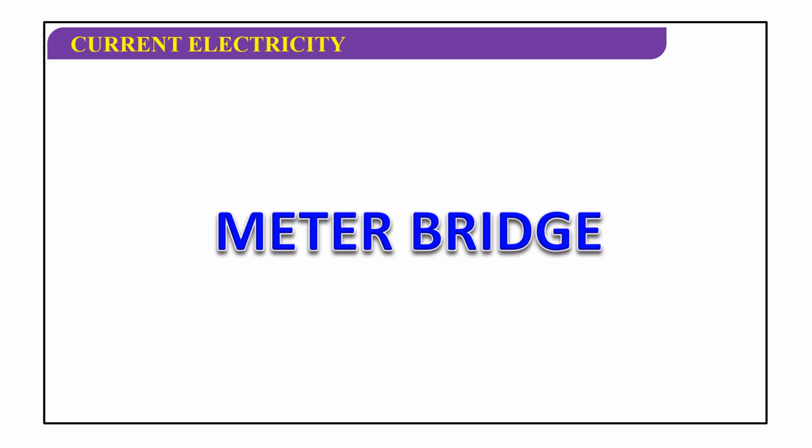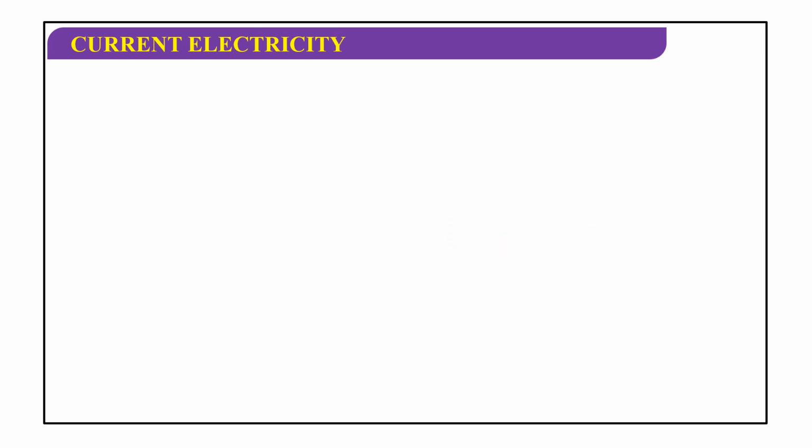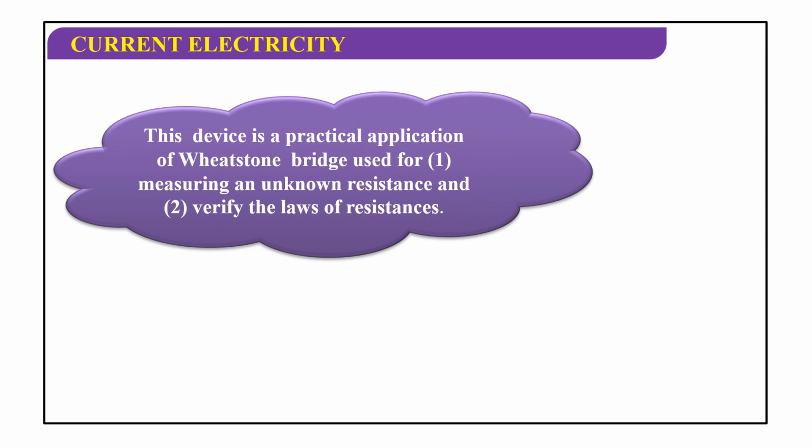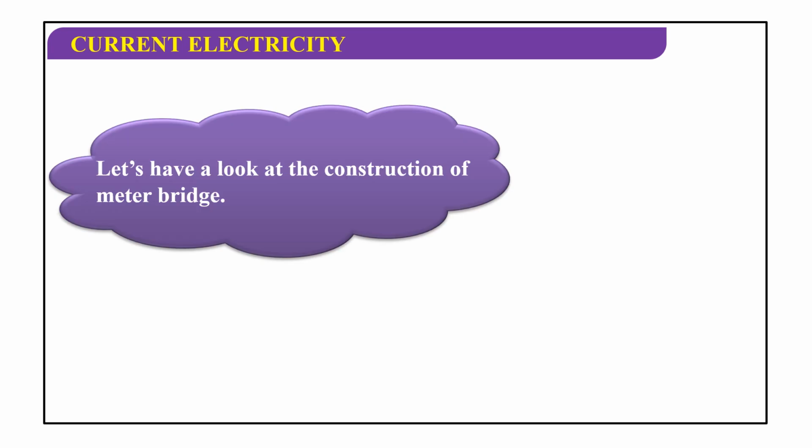Now meter bridge. Application of Wheatstone bridge. This device is a practical application of Wheatstone bridge used for, number 1, measuring an unknown resistance, and number 2, verifying the laws of resistances. Let's have a look at the construction of meter bridge.